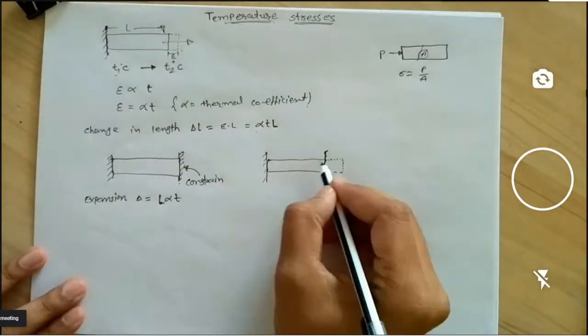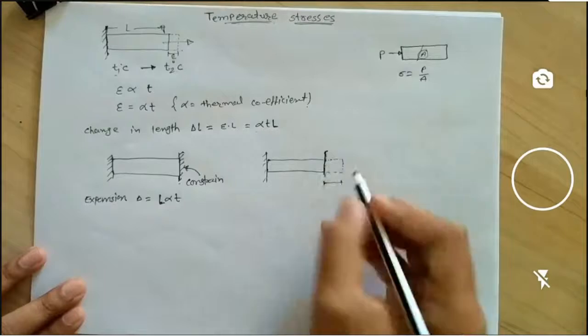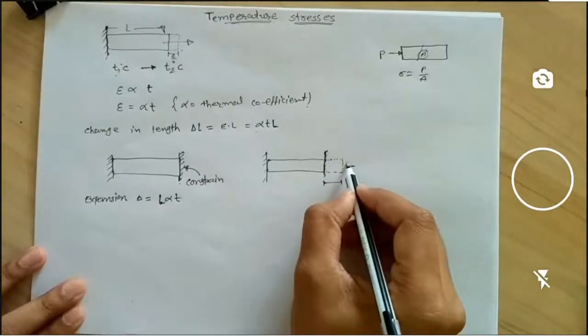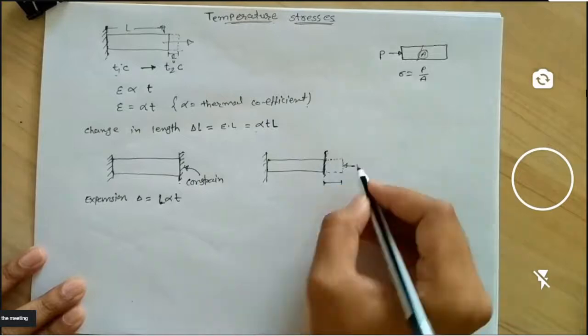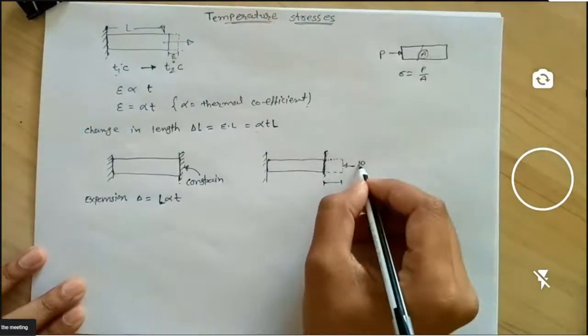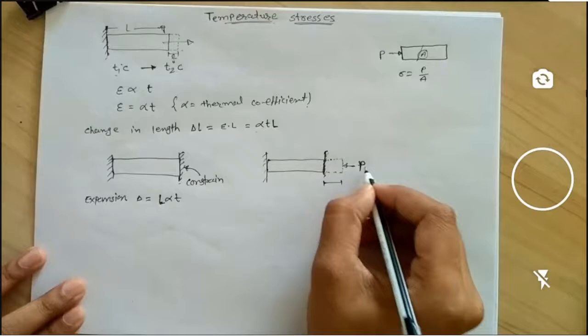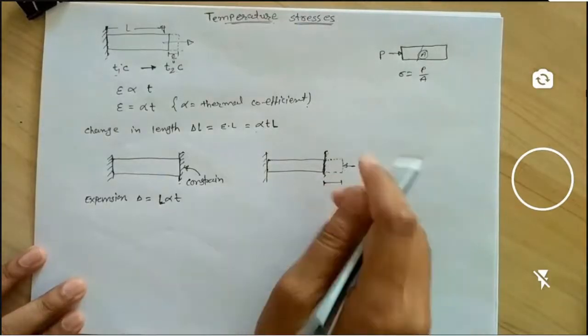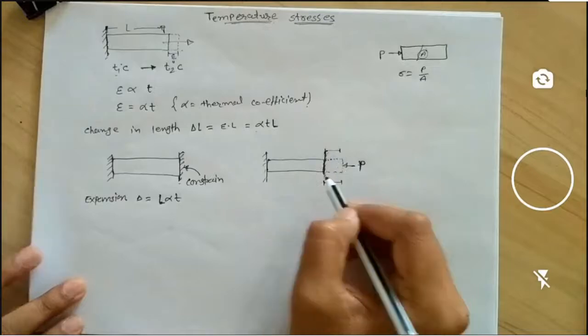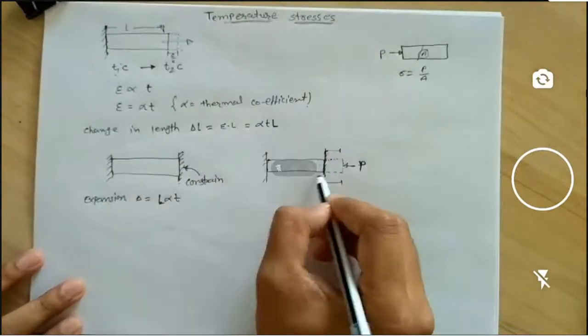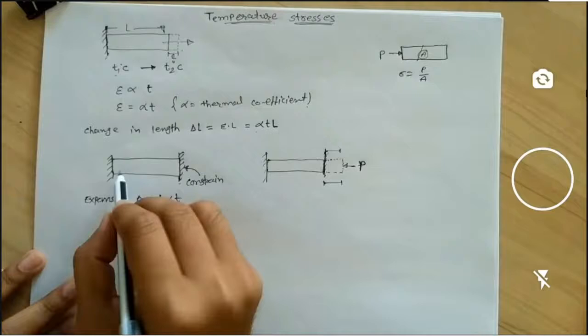Now this support provides an external force and will try to maintain the original position again. Suppose it provides an external force P. Due to this external force P, the decrease in length is this, and the original length is maintained under this constraint.